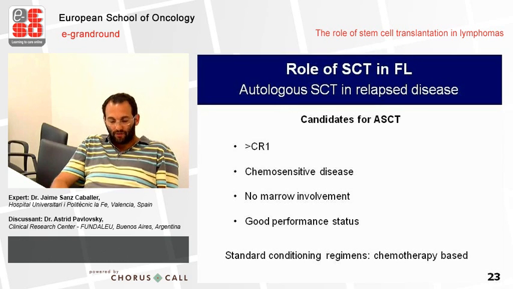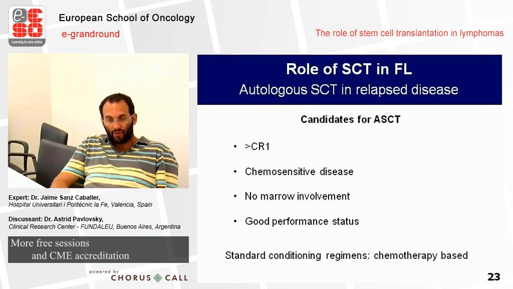Relapsed follicular lymphoma patients who should not be offered autologous transplant include those who are chemo-resistant, have had 3 or greater prior regimens, have a poor performance status, and those greater than 70 years of age.